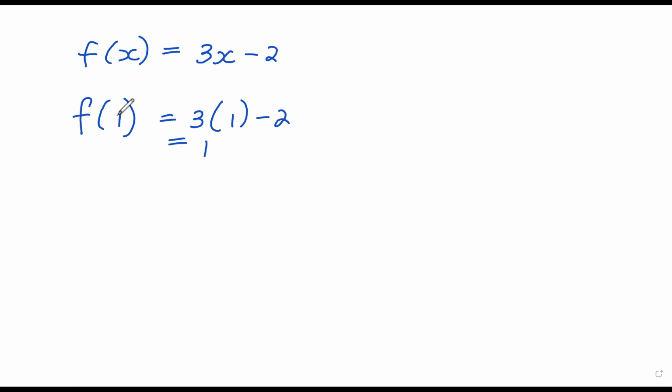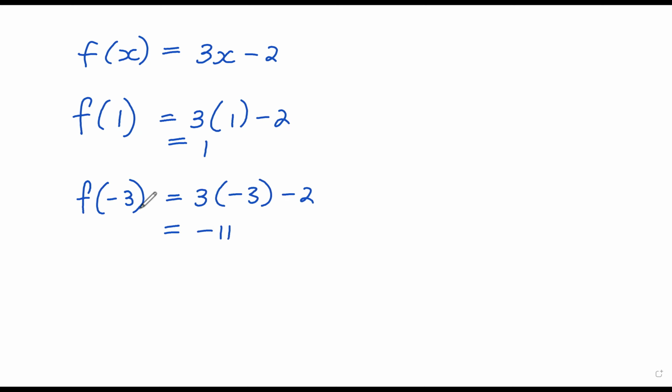All right. So your f of x values belong to your images, or the image set. So let's see when x is -3. When x is -3, f of x will be equal to 3 times -3 minus 2. So that would give me 3 times -3, which is -9, and -9 minus 2 is -11.